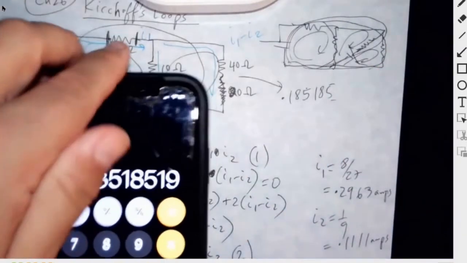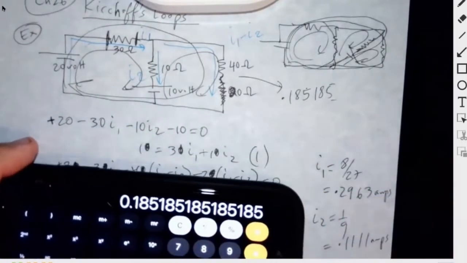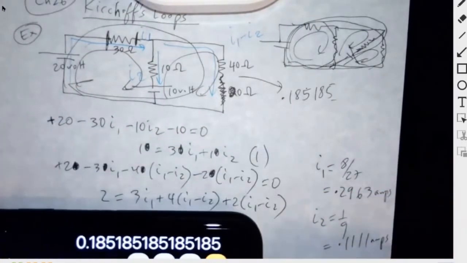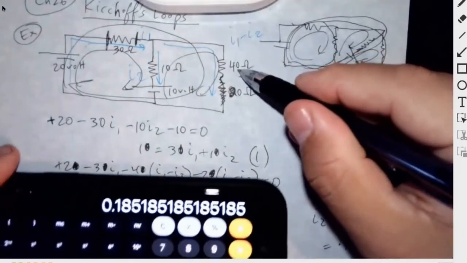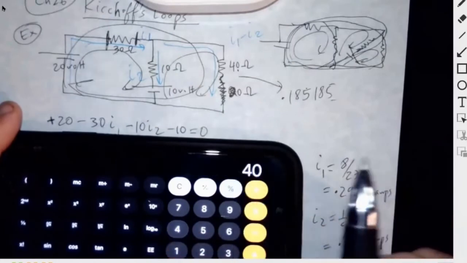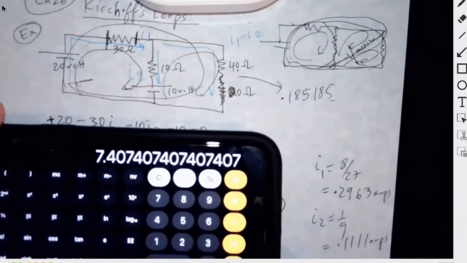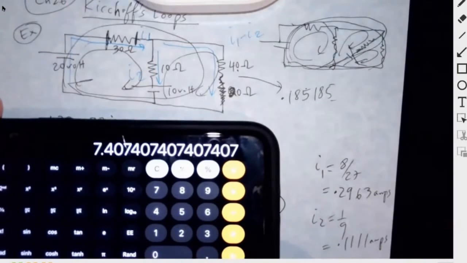Then I'm going to multiply that by 40 to determine the voltage drop there, 7.407. So here the voltage drop is 7.4074 volts.